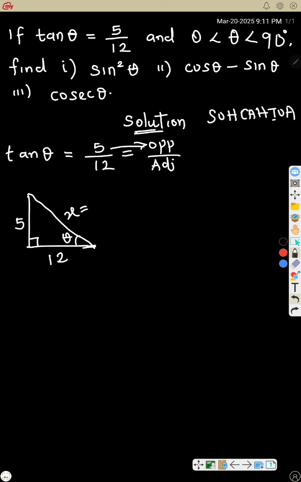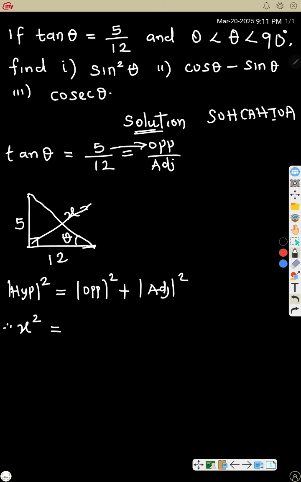So for any question like this, draw a right angle triangle. From there, locate the two sides, then find the third side using Pythagoras theorem. So that means hypotenuse square equals opposite square plus adjacent square.